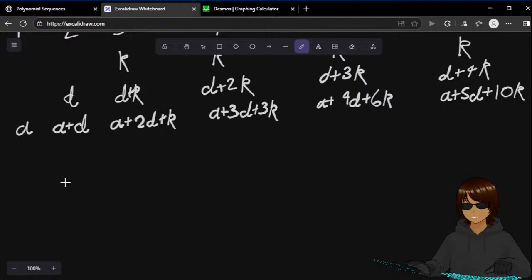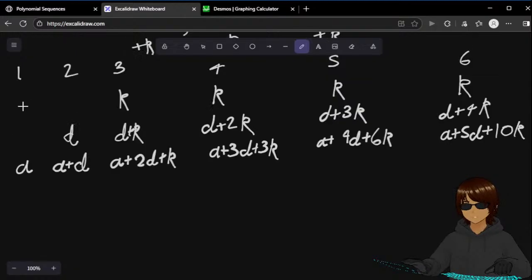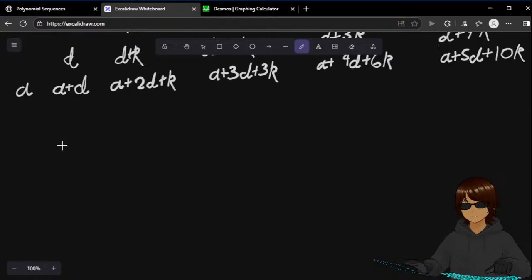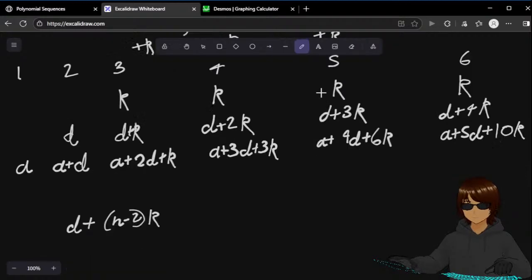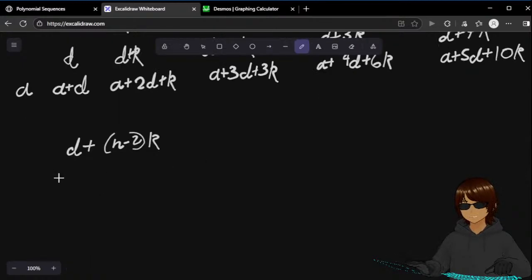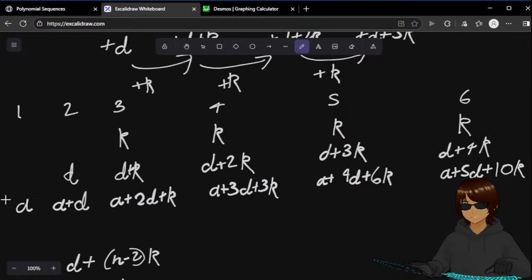So for this middle one, for a particular term, it's d plus n minus 2 k, n minus 2 for the sum of the terms, n minus 1 over 2. 1 is starting from here, right?